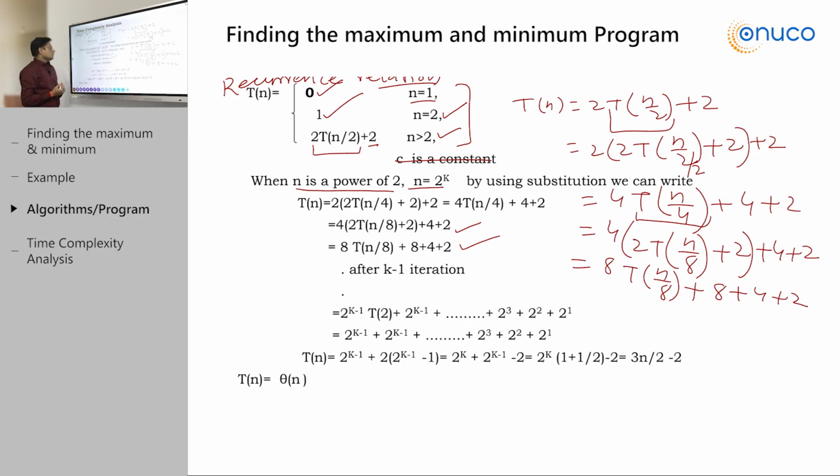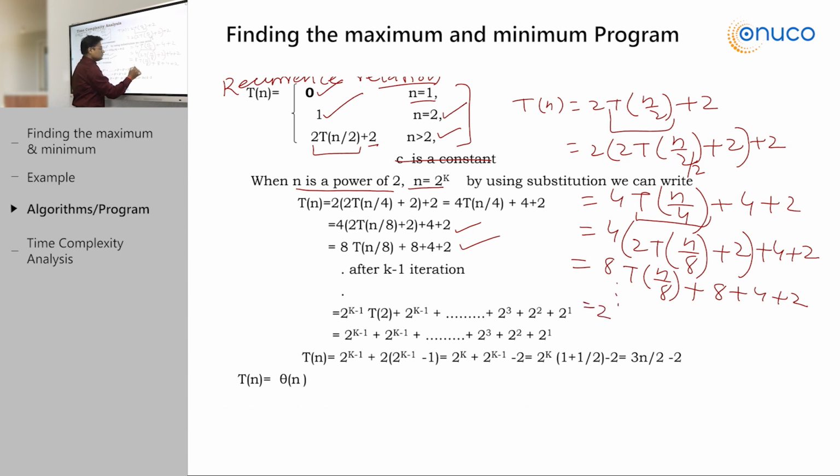Now, when do we stop this? Remember, we can stop when we get 2^k divided by 2. After k minus 1 iterations, what will happen?